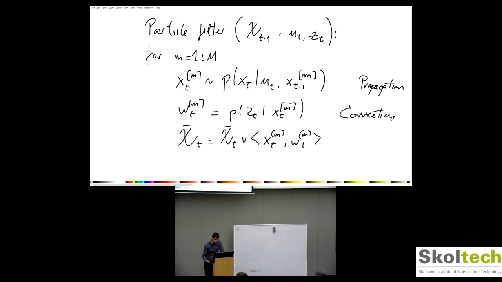So this will correspond to correction. We are just adding all the particles that we are propagating. So far I'm removing a lot of terms compared to the previous Kalman filter. If you remember, conditioning included many other things, but just with this weight, it's going to be enough for us, and we'll see later why.